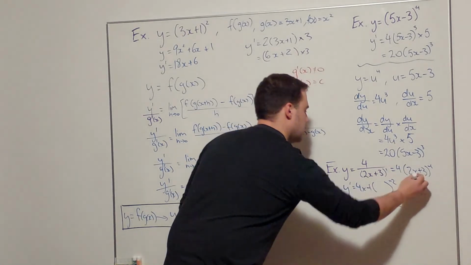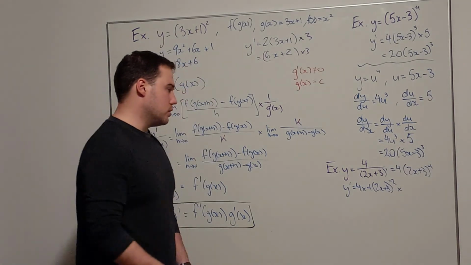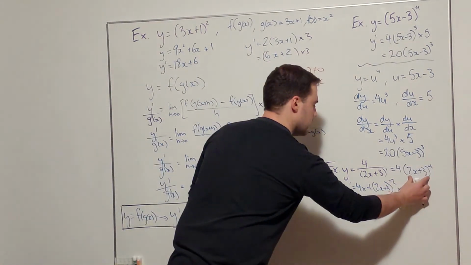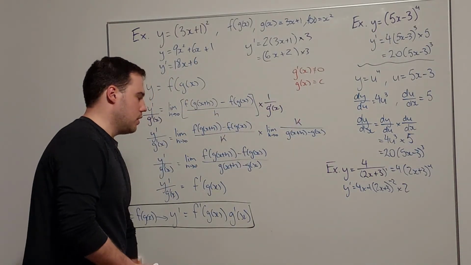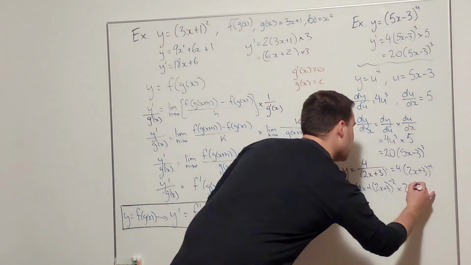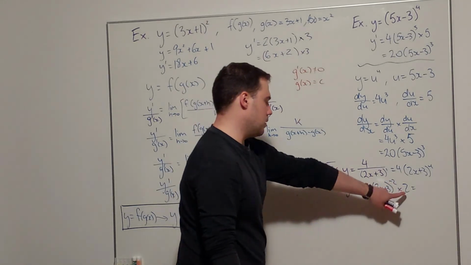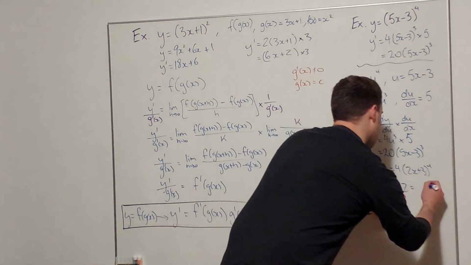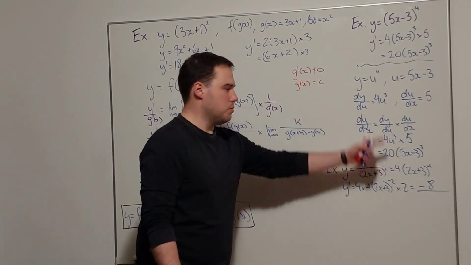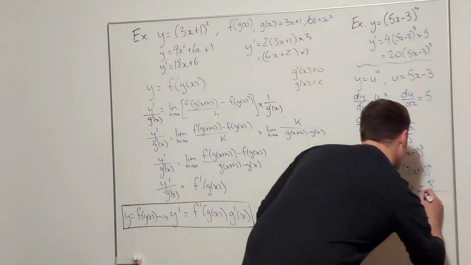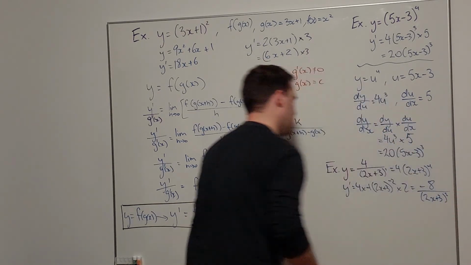And then what's inside the brackets? 2x plus 3. But then the chain rule says we've got to times that by the derivative of the brackets, and the derivative of 2x plus 3 is 2. All right, in the interest of space, we'll just go across. So we've got 4 times negative 1 is negative 4, times 2 is negative 8. And then we can pull this with the negative 2 back into the denominator with a positive power. 2x plus 3 with a positive 2 there.